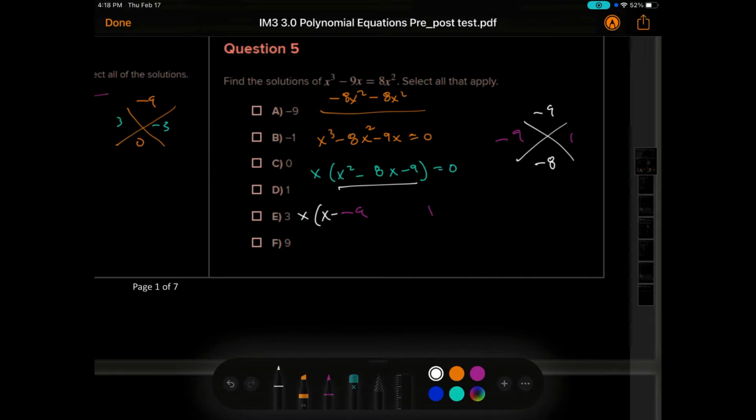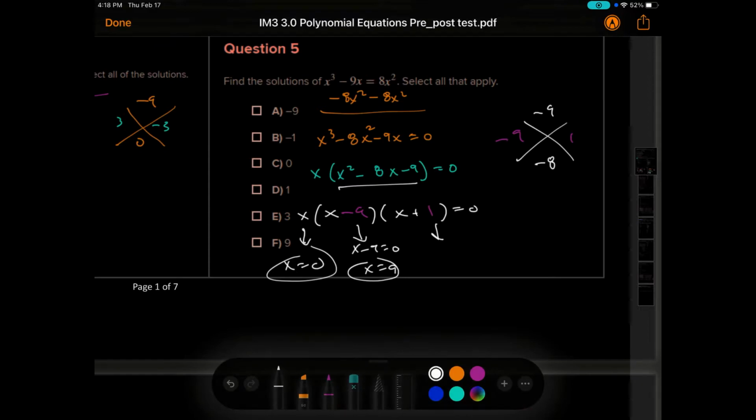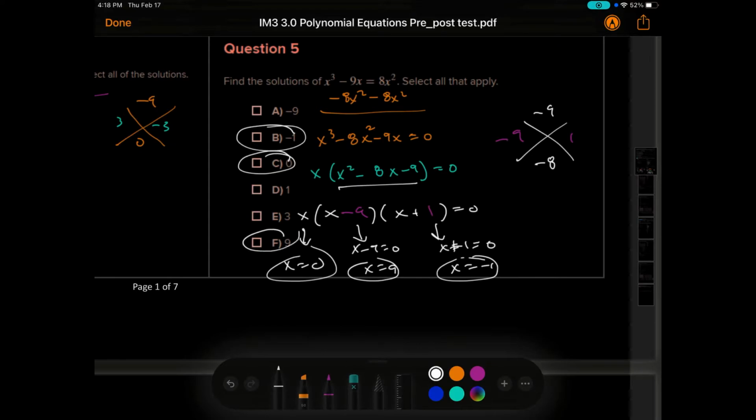Now, you might be wondering, why do I write x minus? That's just the form that it needs to go into. Actually, let's not teach you guys that right now. We're just teaching you a factor, which I've shown you guys. And then you set each of these equal to 0. And get x equals 9. And x equals, that should be a plus 1. X equals -1. So -1, 0, and 9.